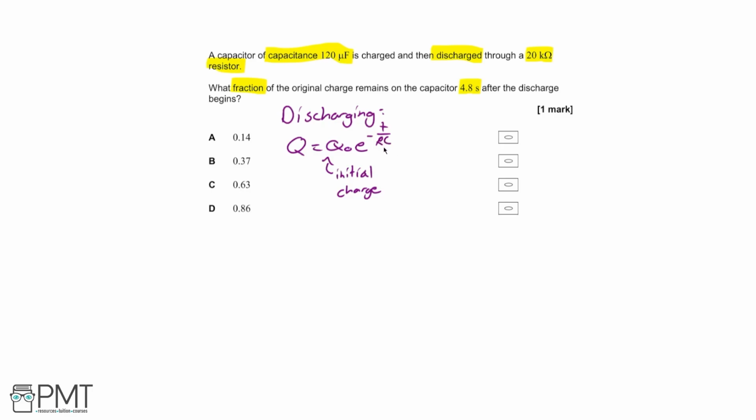We selected this equation because we're interested in the decay of charge on the capacitor over time, which this equation includes. So, we can rewrite this equation by dividing by Q0, as Q divided by Q0 is e to the minus t divided by RC.